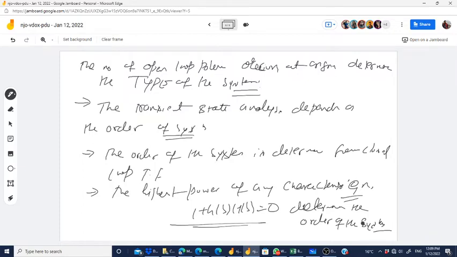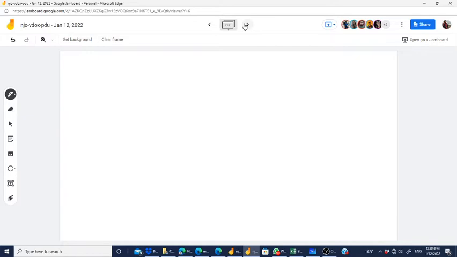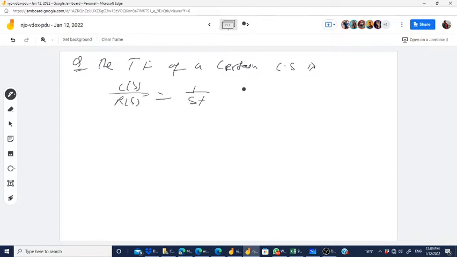Agree? Yes or no? Now the problem was given like this: the transfer function of a certain control system, C(s) upon R(s), is given as 1 upon s plus 1. Comment on its type and order.